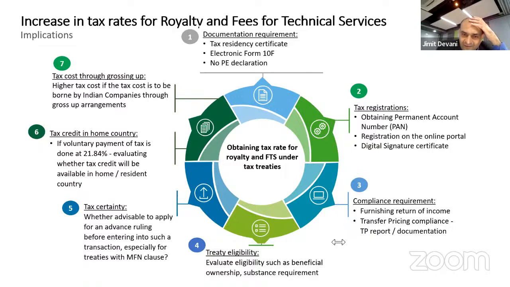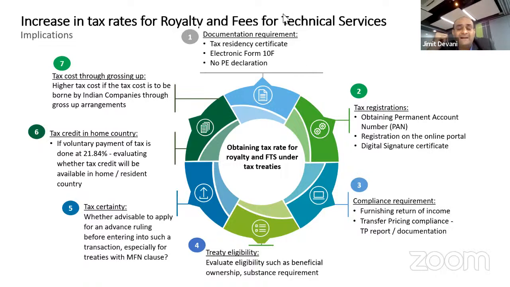Sir, can you summarize the grossing up provisions once again? So what is grossing up? Say I need to make a payment to an overseas party, and the overseas party says, I'm rendering services to you, my services cost is $100, and I need $100 in my bank account. Now, if the tax rate is 10%, then India says my payment is 111, because 10% of 111 is 11.